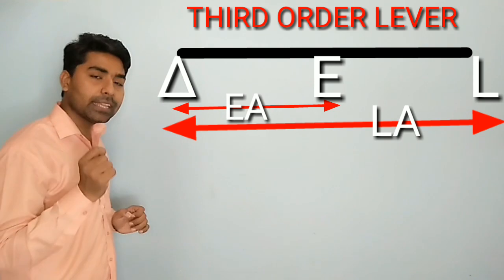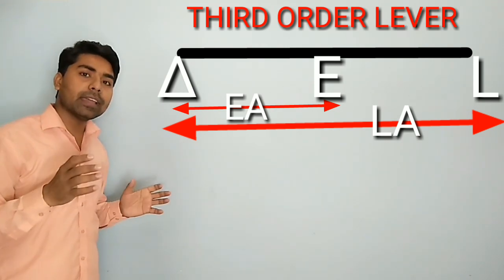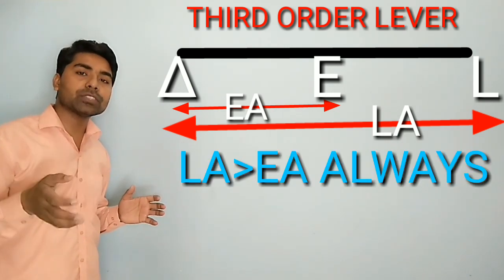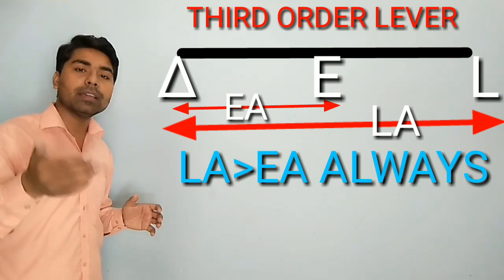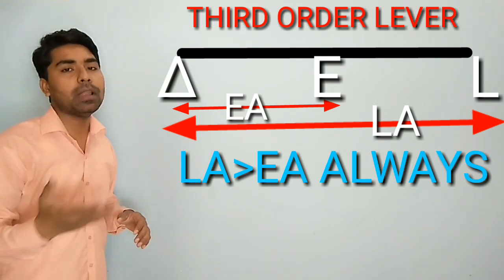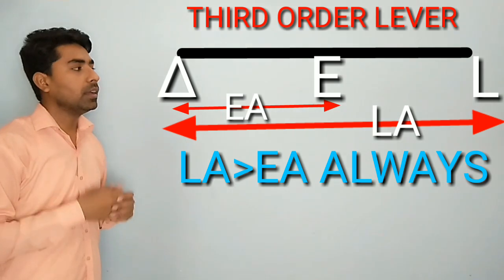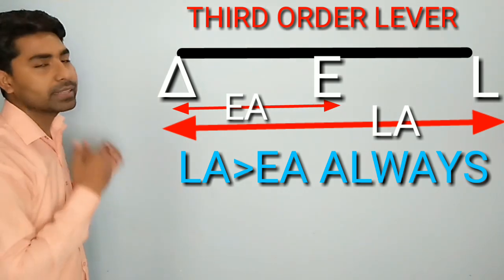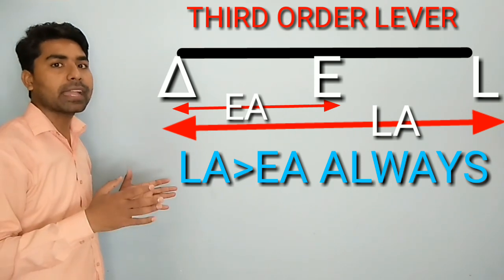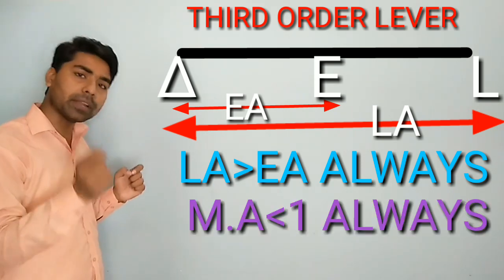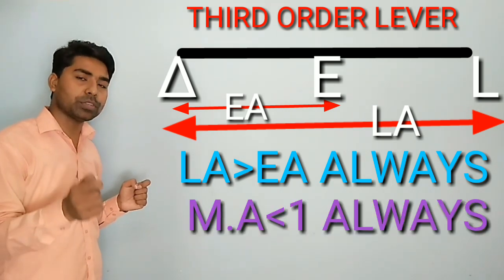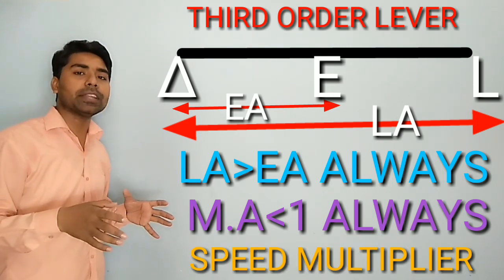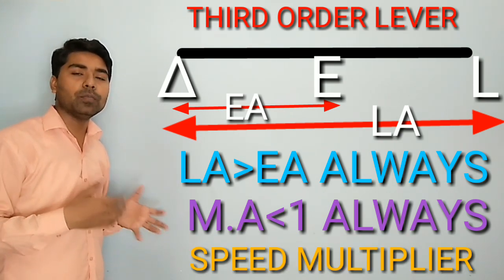So in a question, if it is written that a lever has always a longer load arm, that belongs to class 3. Or you can say that since the load arm is always longer than the effort arm, its mechanical advantage will always be less than 1. So if the question says that the mechanical advantage of a machine is always less than 1, which type of lever?